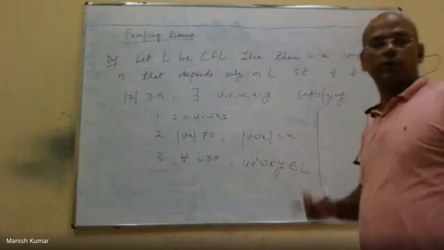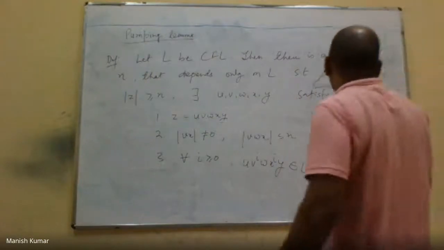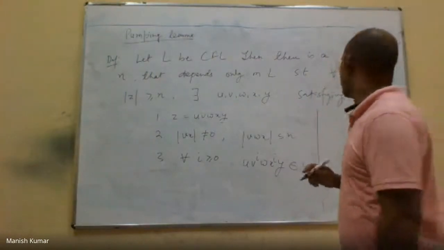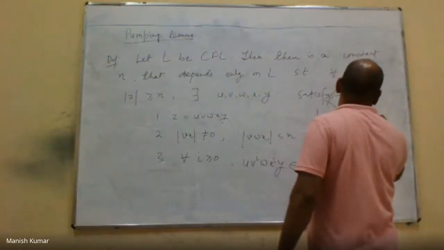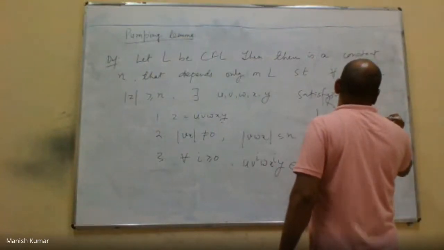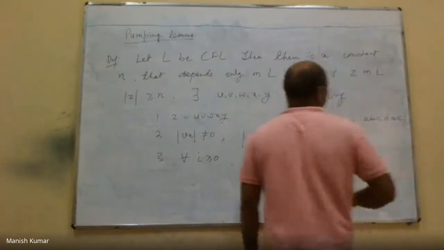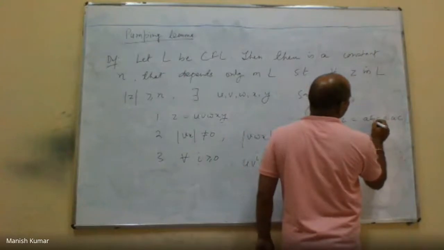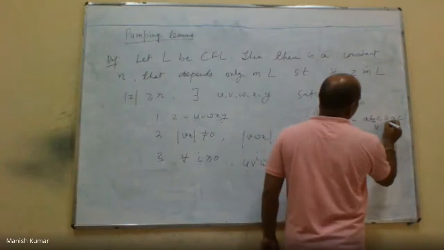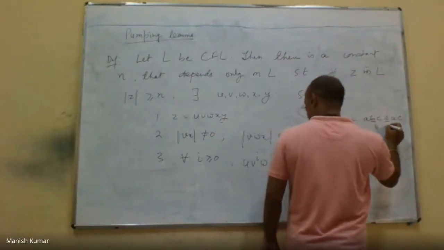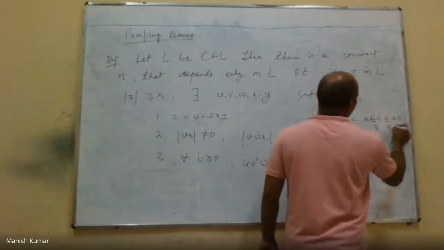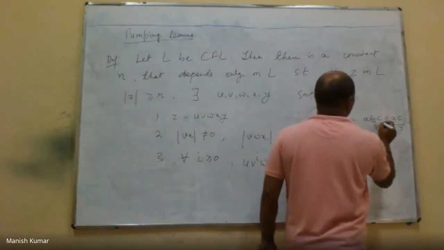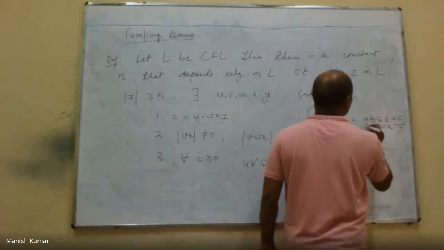So what I mean to say in this case is that suppose your z is a, b, c, a, c, something like this. Suppose v is this, x is this, y is this, w is this, and this is u.